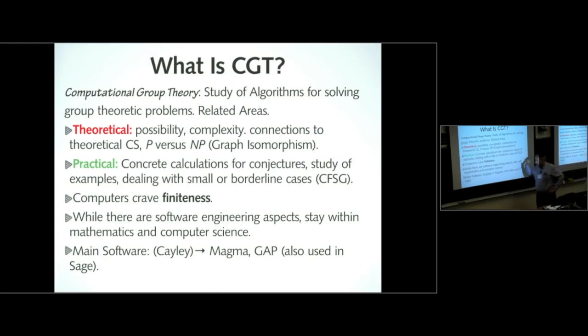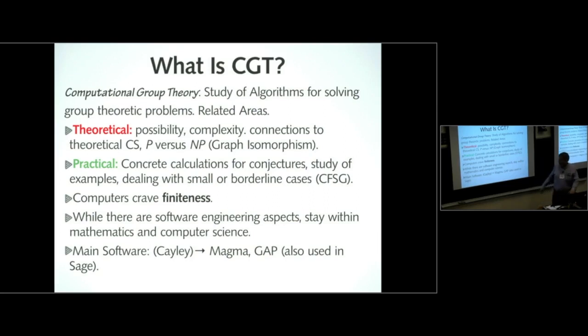There are some software engineering aspects towards building algorithms. I basically won't do this here. I will just talk about the mathematics and some aspects of computer science. To have it practical, you need to have implementations. There is software which implements a lot or most of these algorithms which I'm going to describe and many more.